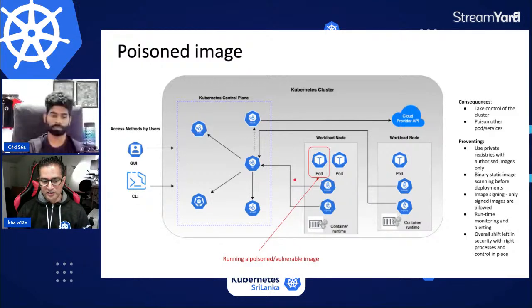The sad part is, if you run that in your environment, depending on the severity of the poisoned pod, it could give control to a hacker. That means, unknowingly running that image on your cluster, you are practically giving away full access to your cluster, and you may not even know.